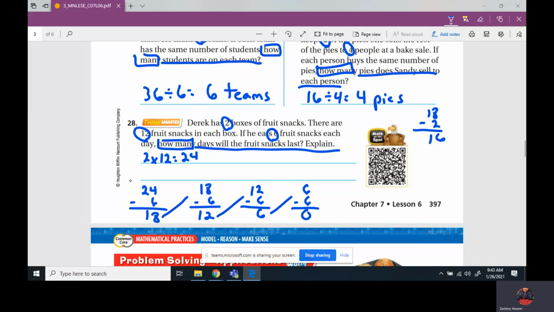What else could I have done, guys? I could have took 24 and did what? Divided by 6, which equals 4 days. Now you can do the subtraction method.